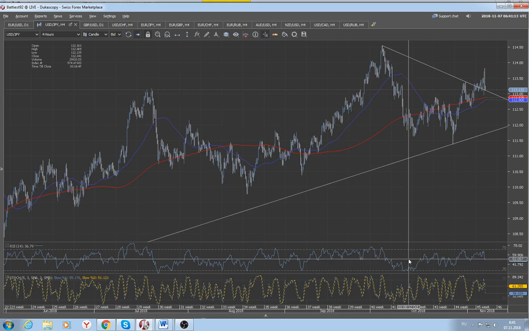But once again, as you could see, the volatility is more or less under control.